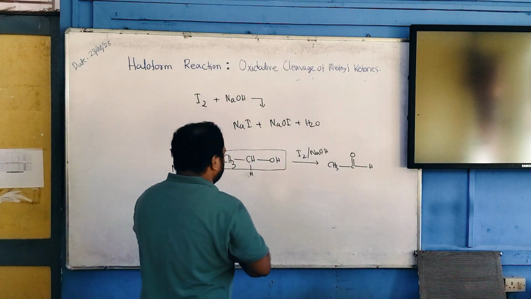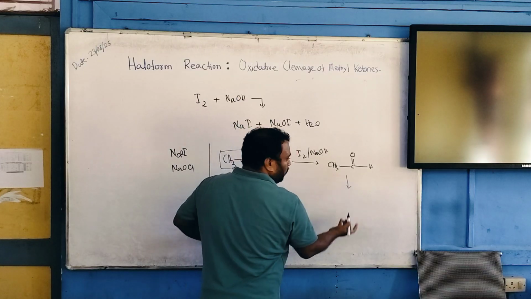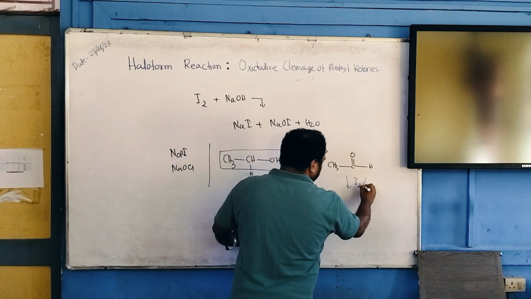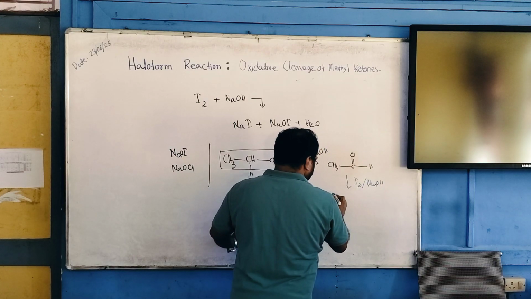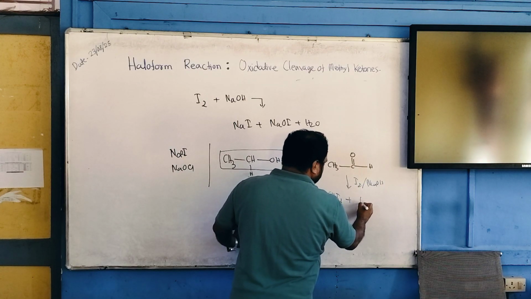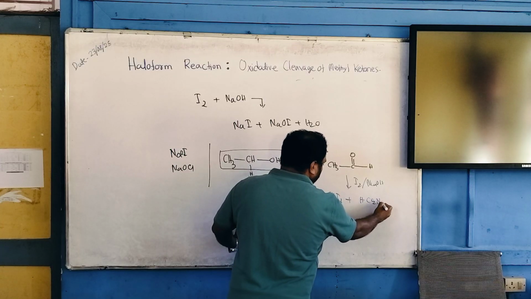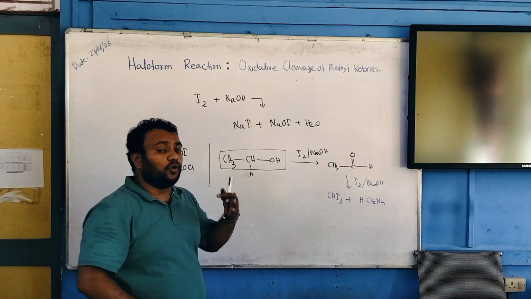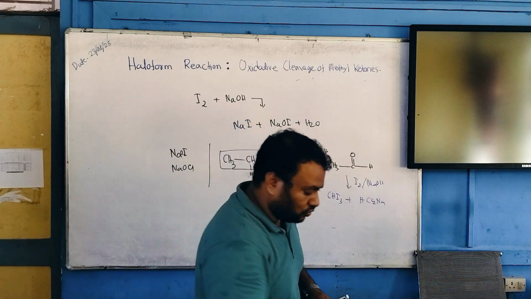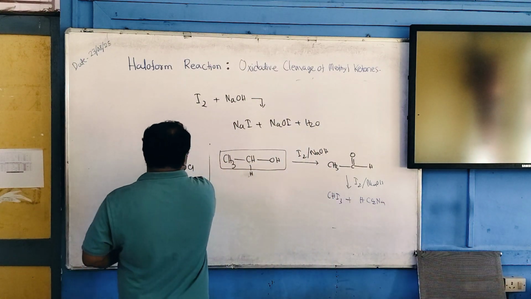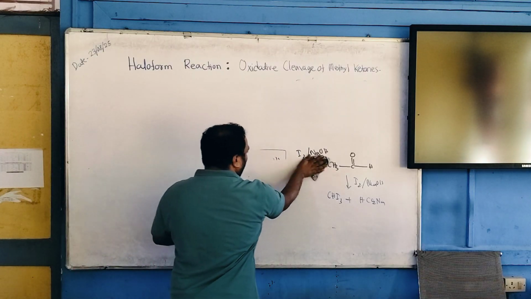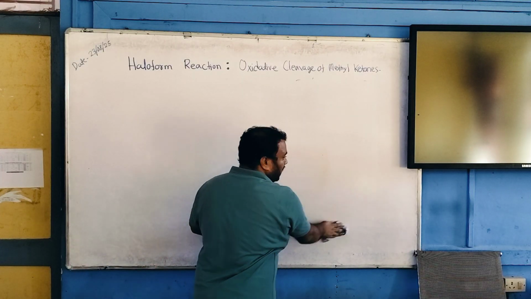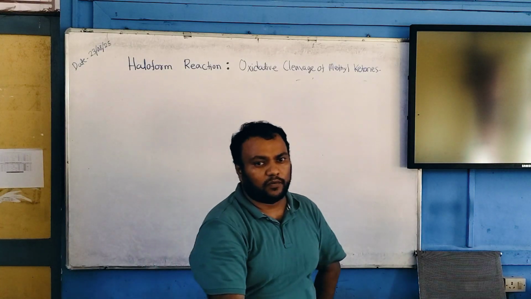Now you know, since acetaldehyde gives you a positive iodoform test, giving CHI3 plus HCO2Na, right? That means ethanol also will give you a positive iodoform test. So not only for aldehydes or ketones, but also for alcohols you will get the iodoform test.